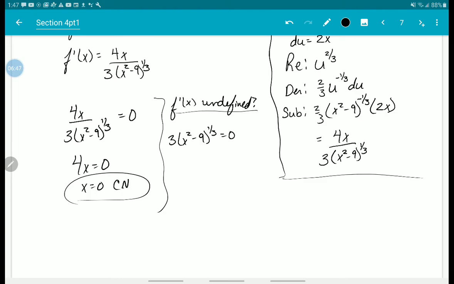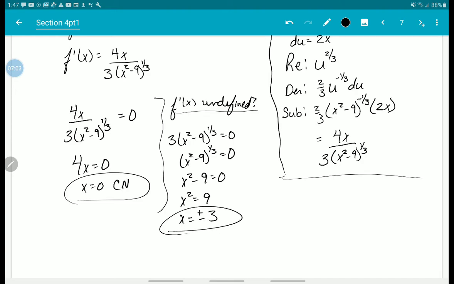We could divide both sides by 3. We could cube both sides. Move the 9 over, take the square root, and there are 2 places where that denominator is equal to 0. So those numbers have to go on the sign chart also.